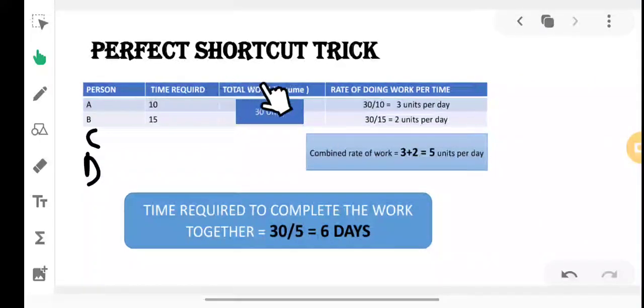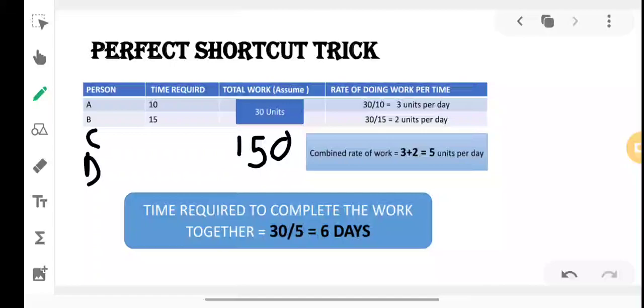You can assume any number of chairs here, but I recommend you take the LCM of 10 and 15, so that the problem will be simple. For simplicity of solution, you can assume the LCM, or you can directly multiply 15 and 10 and take that multiplication, 150, as your total work.